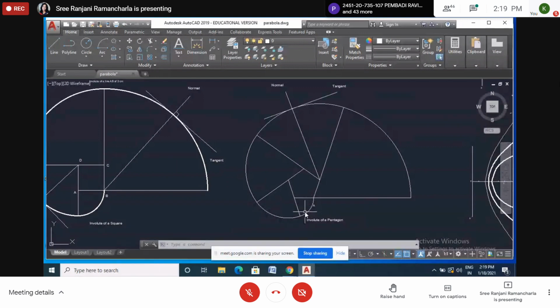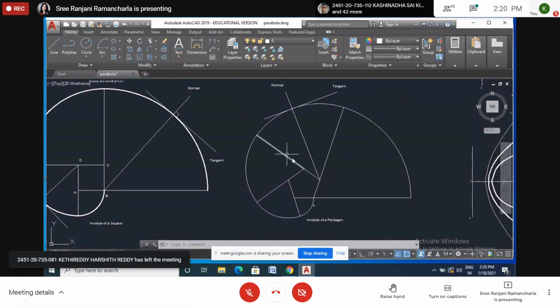Now similarly extend this one also. How much do you have to extend? Twice the side, that is 600. And here, thrice. So 3 times, 4 times, and 5 times.